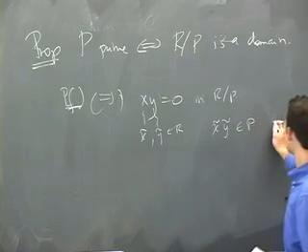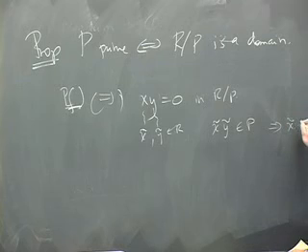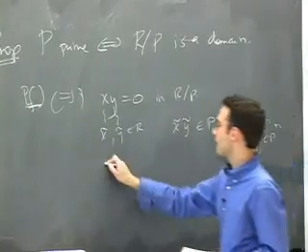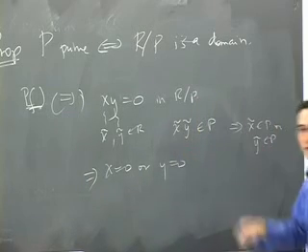Now, by hypothesis, since P is prime, x tilde is in P or y tilde is in P. But that's just saying that x equals 0 or y equals 0, because of the definition of the quotient.